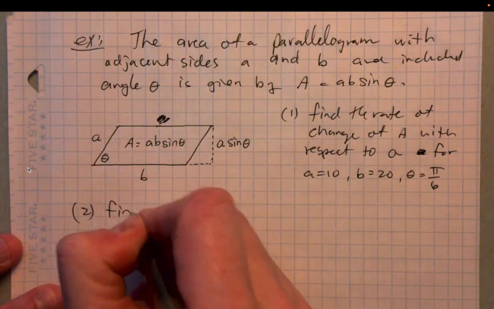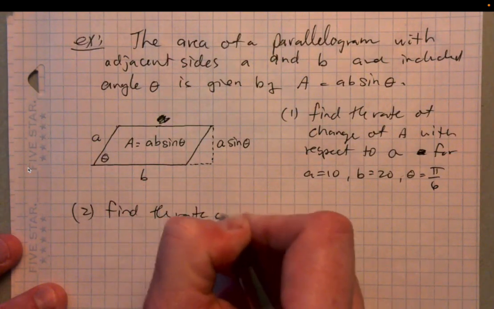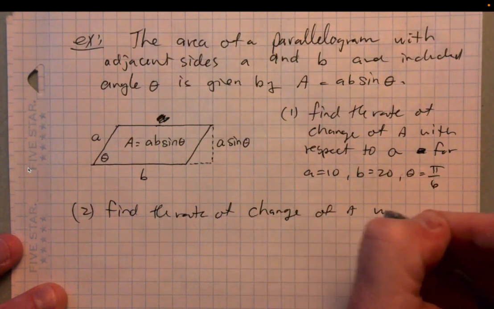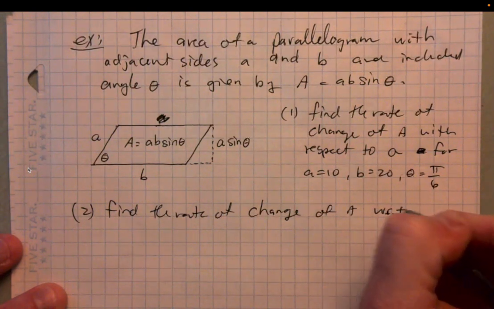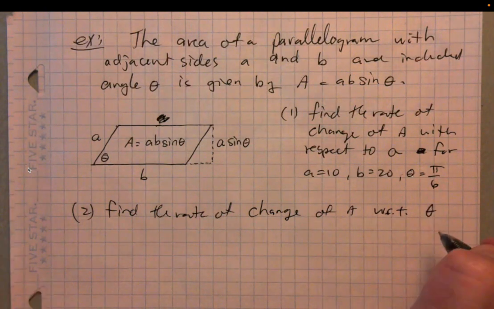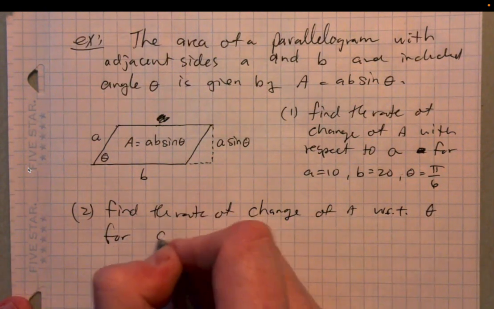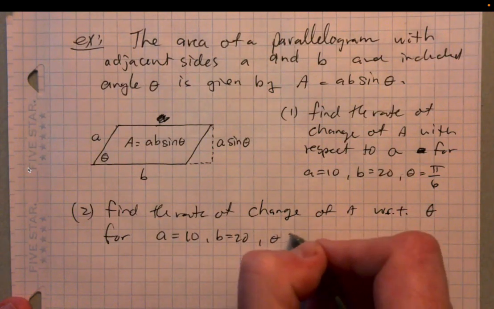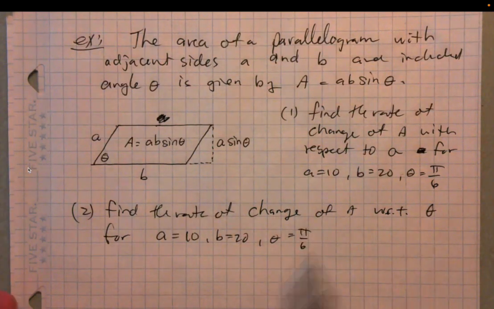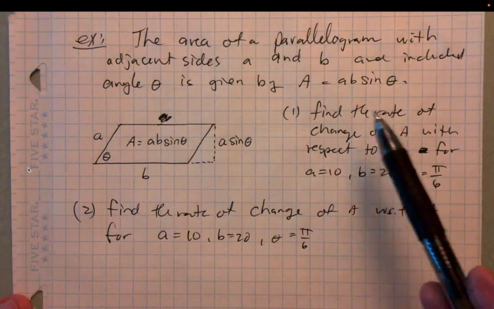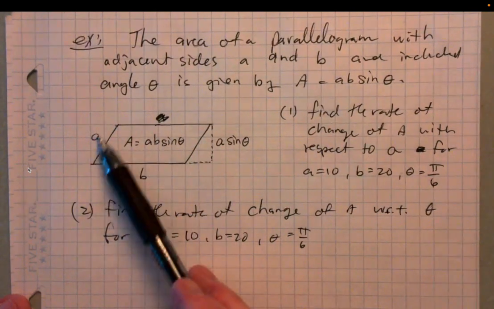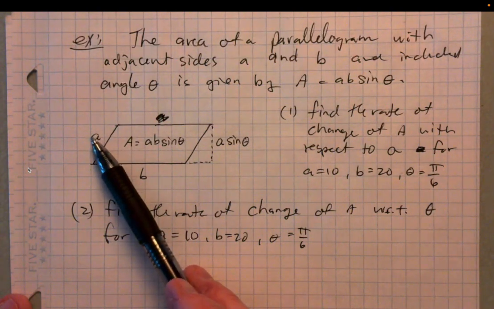Then we'll do one very similar. Let's find the rate of change of A with respect to theta for the same values: a equals 10, b equals 20, theta equals pi over 6. In the first one, the question is how much does the area change when we change little a, ever so slightly?